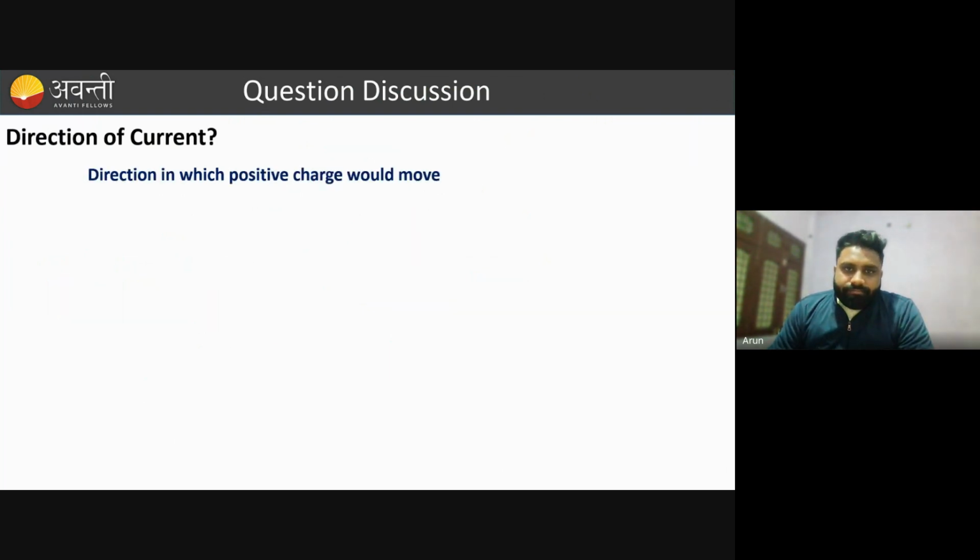Direction of current. Conventionally we assume that the direction of current is the direction of flow of positive charge.